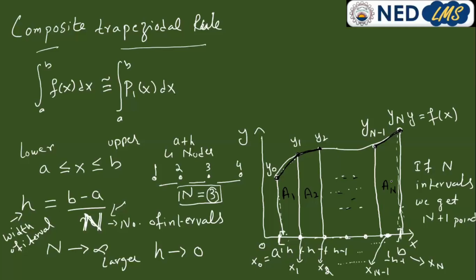So this is how we generate our intervals. If I get this area, which is A1, and this area, which is A2, and similarly I continue with intervals until we reach the last interval, we will get this area.